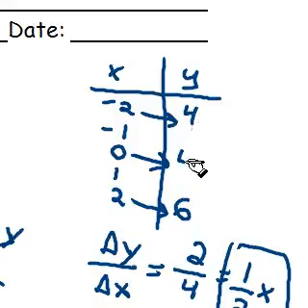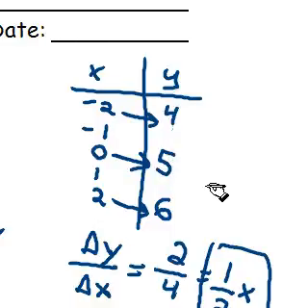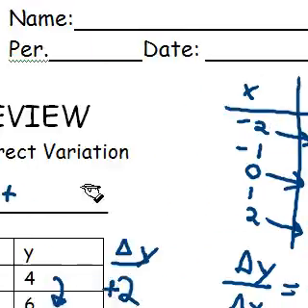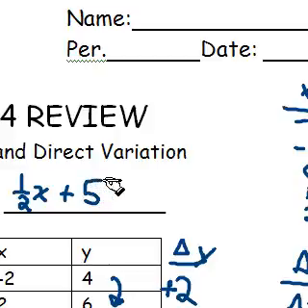Well, 5. So that could be one way that you could use to find out what the constant was. We just back our pattern up to 0 and see what number we had when our independent variable was 0. And from this table right here, we see that it was 5.